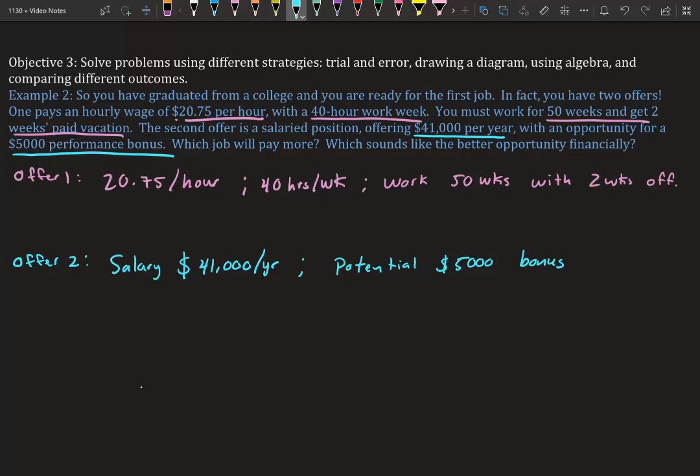So now we have the information brought out. We need to determine things. We need to figure out, okay, what is going to give me more money?